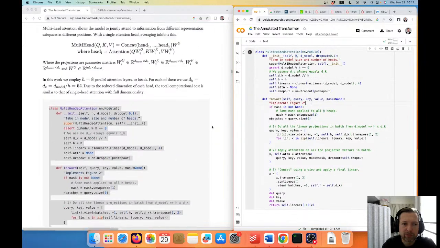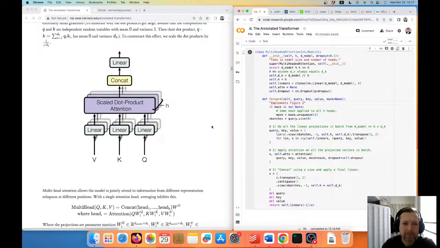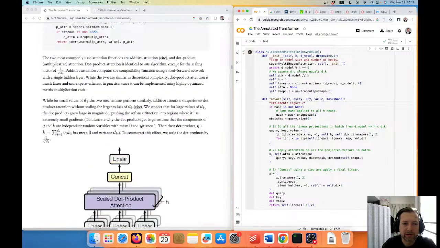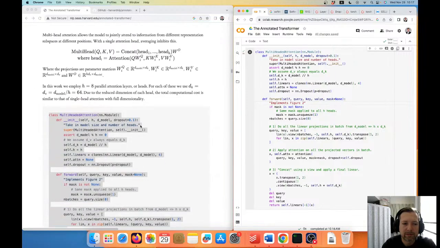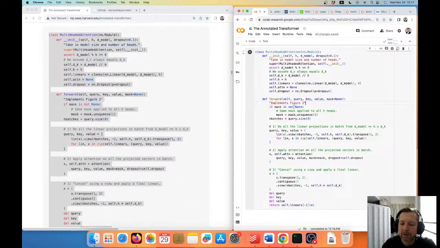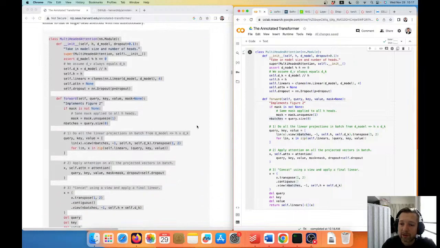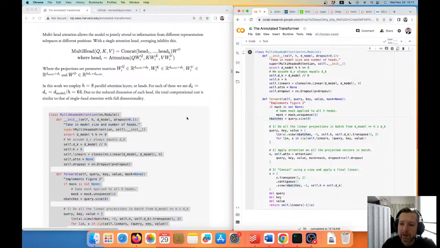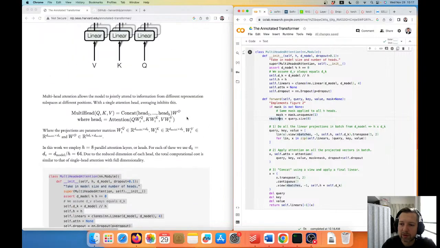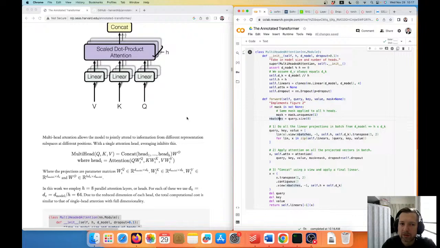Implements figure 2. Okay, what's figure 2? I'm assuming it's just this. Mask, okay, we skip that. Do all of the linear projections in batch from d model. Okay, why do you have this linear layer here?